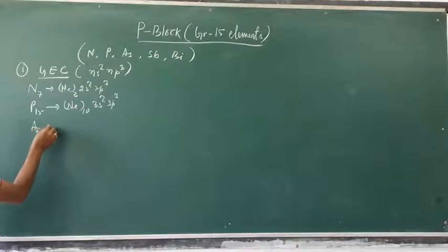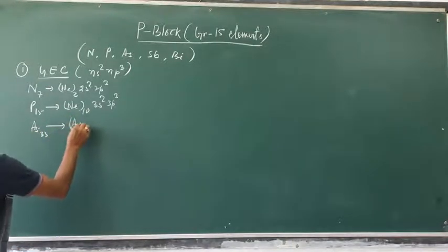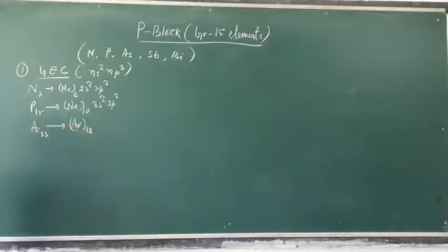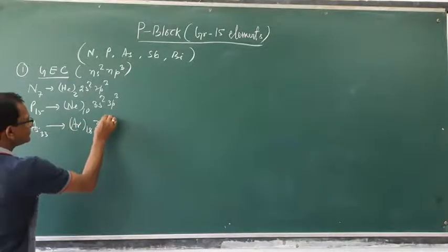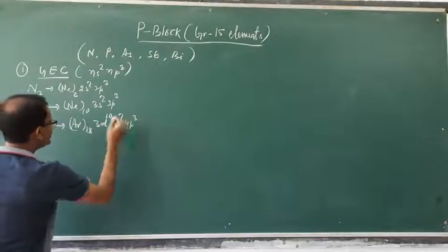Arsenic, that is 33, will be argon 18, then 3d10, 4s2, 4p3.